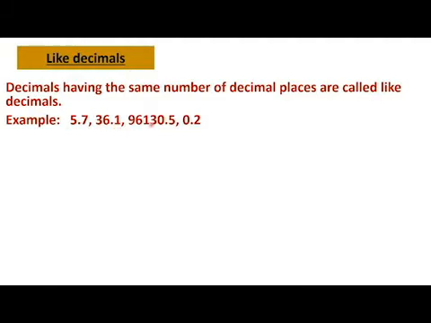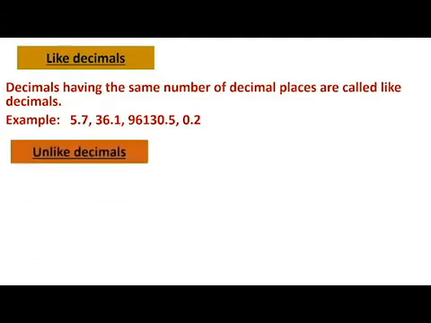Third number also, 96,130.5, after the decimal, we have only one decimal place. And in the fourth number, 0.2, again we have only one decimal place after the decimal. So you can see in all these examples, we have only one decimal place after the decimal point. So these all are like decimals.